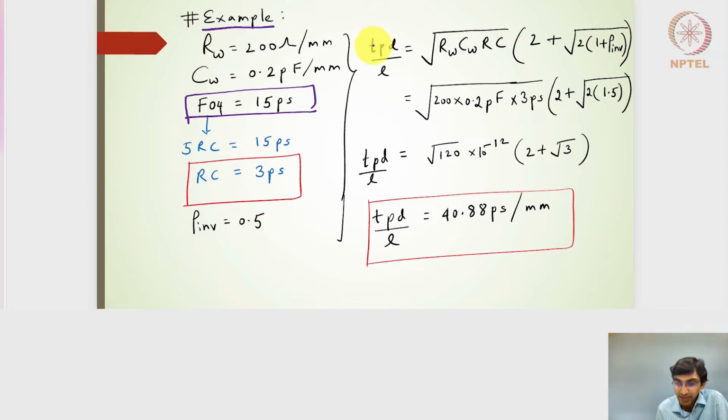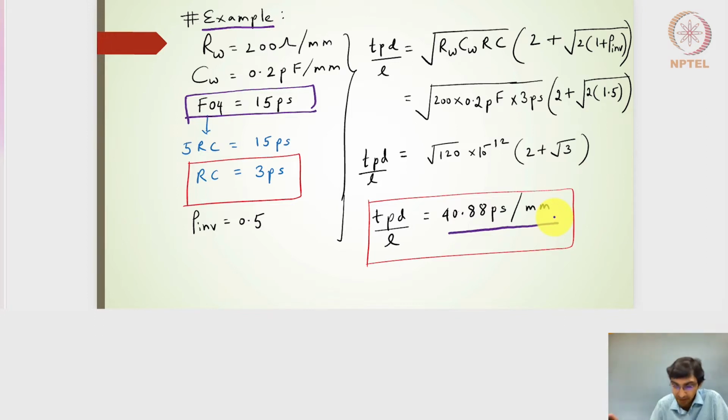So let's use the expressions which we had seen in the last slide, and see what is the propagation delay per unit length of the wire. This is nothing but a function of RW, CW and RC, and this is what we had derived earlier. Using this expression, if I put in the values of RW, CW as 200 ohms and 0.2 picofarads per millimeter, and the product RC as 3 picoseconds, we are going to achieve 40.88 picoseconds per millimeter.